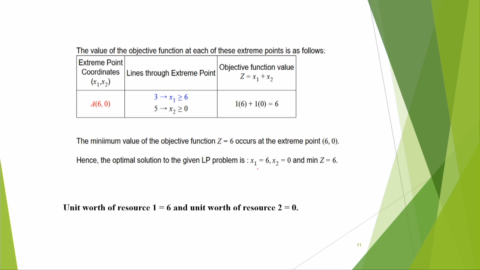Hence, the optimal solution becomes x1, basically y1 in our case, because I used that software. So x1 is equal to 6, y2 is 0, and the minimum value is z equal to 6. If the minimum value here is z equal to 6, the maximum there will also be 6. The worth of resource 1 is equal to 6 and the worth of resource 2 is equal to 0.